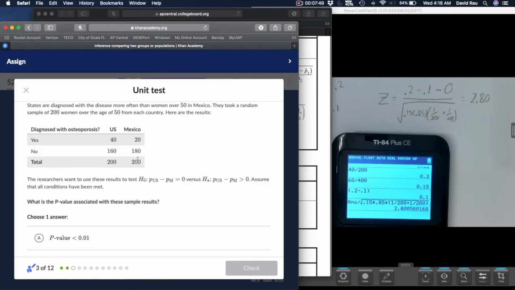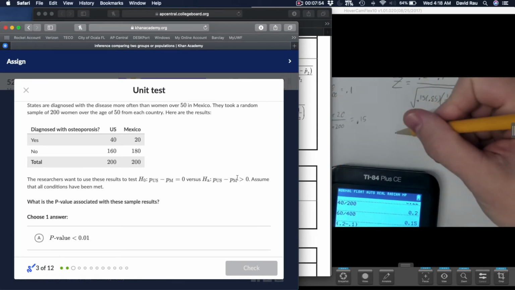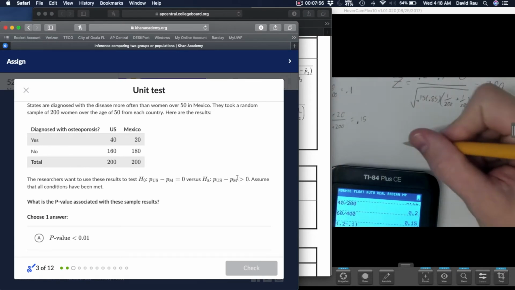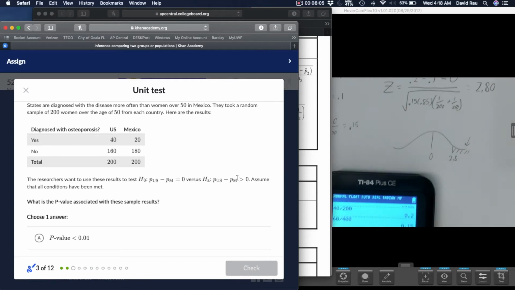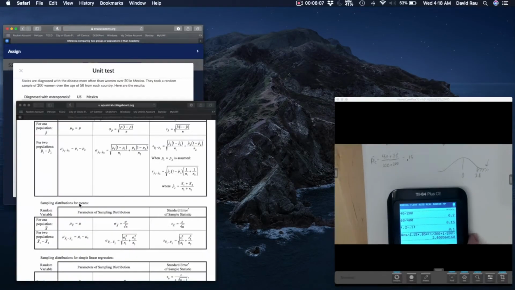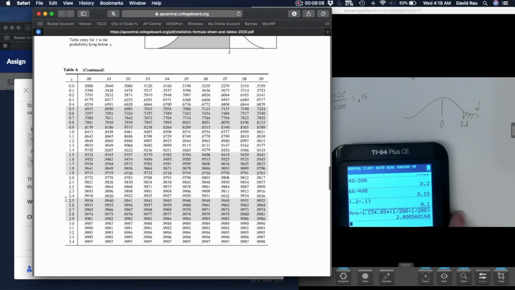Okay, now we're testing greater than. So we're finding the chances of, we already have a positive z-score. We got 2.8. We're finding the odds that it's greater than. So how much area is to the right? Well, if we're at 2.80, there's 0.9974 to the left.